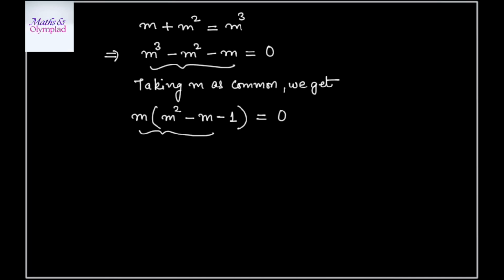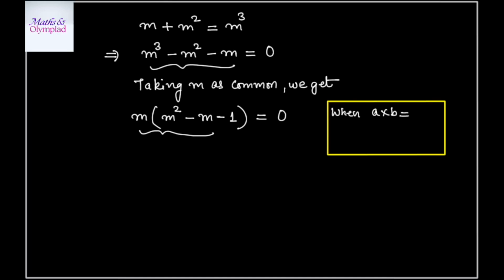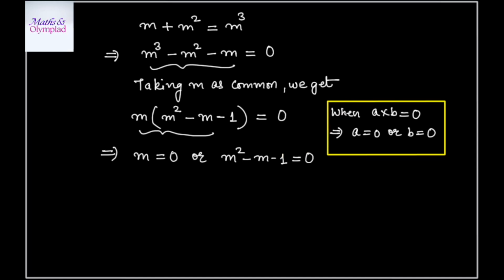So this implies either m equal to 0 or m square minus m minus 1 equal to 0.